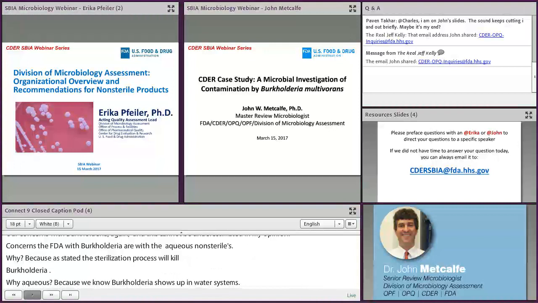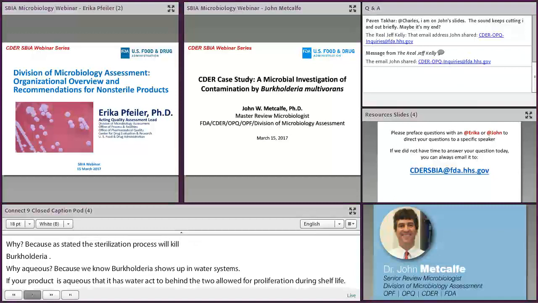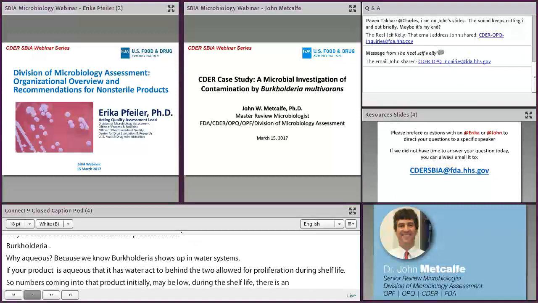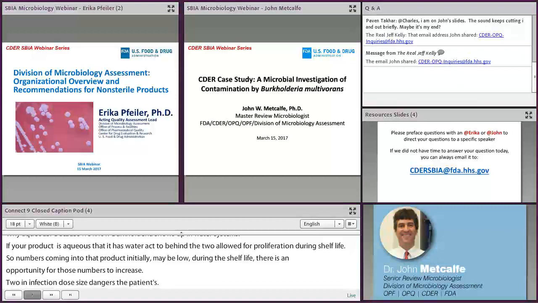So numbers that come into that product initially that may be low, during the shelf life, there's an opportunity for those numbers to increase to an infectious dose size, which is dangerous for patients. All that being said, we don't feel that there's a need to test solid oral dosage forms for Burkholderia. Thank you for that question.